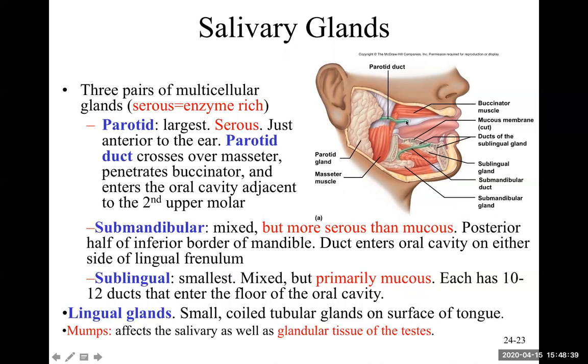As it pierces through the buccinator muscle, we can introduce that glandular secretion that is enzyme rich. When you hear the word serous, serous means liquidy, meaning enzyme rich. It's opposed to mucus. Mucus means it's enzyme poor and real thick. So serous secretions are always going to be better when we're eating.